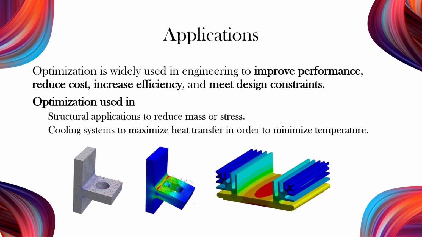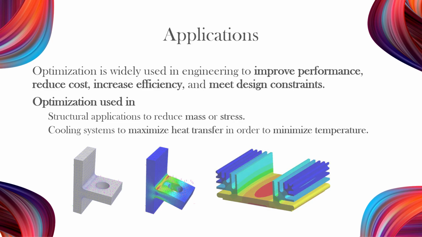For example, optimization is commonly used in structural applications to reduce mass or stress. In cooling systems, it's often used to maximize heat transfer in order to minimize temperature. In this video, we'll focus only on structural optimization.